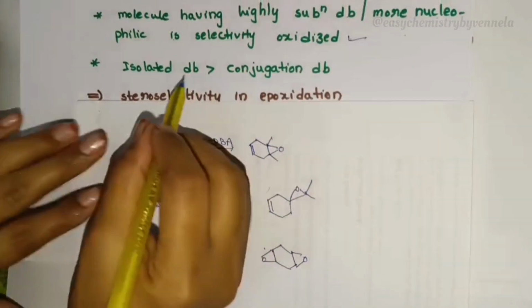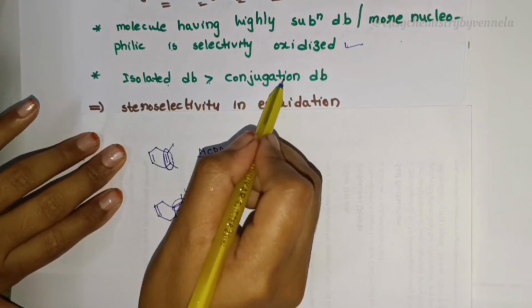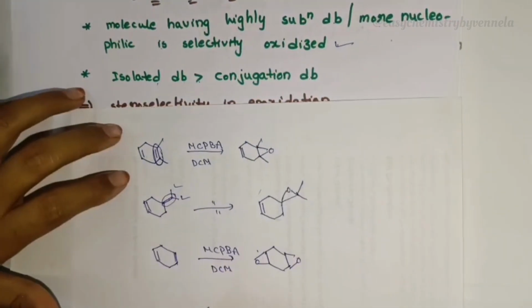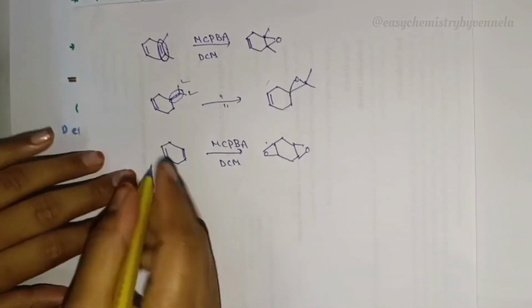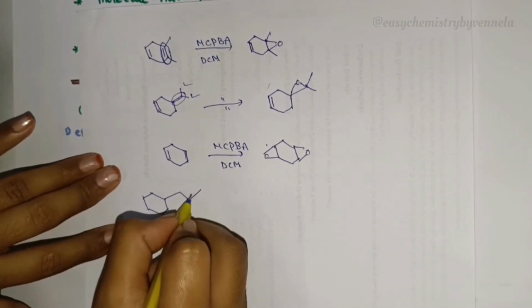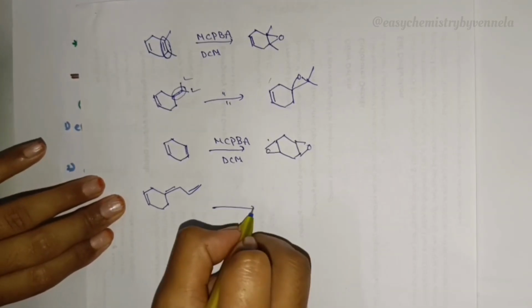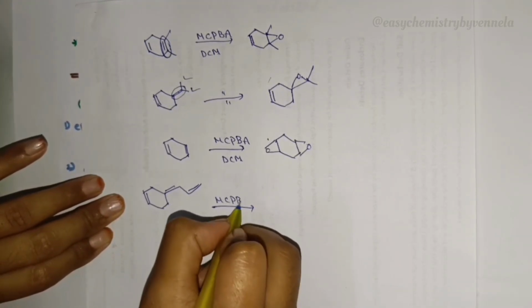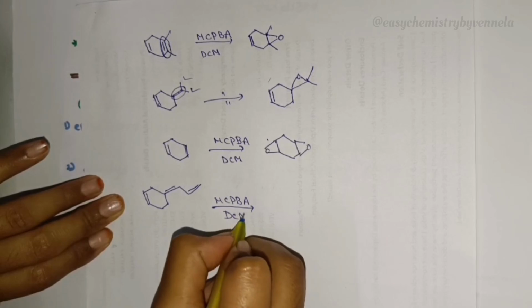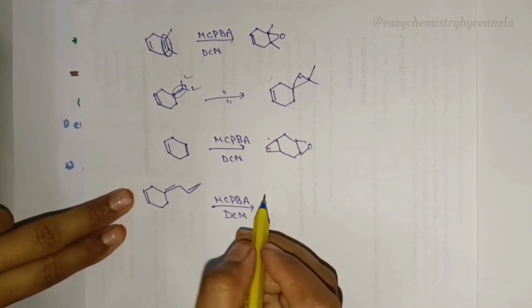So next, an isolated double bond is more nucleophilic than a conjugated double bond. Here is an example for that. MCPBA, DCM. At which double bond does epoxidation take place?